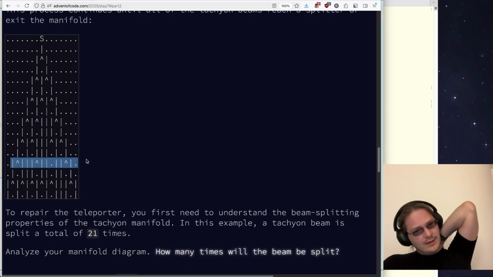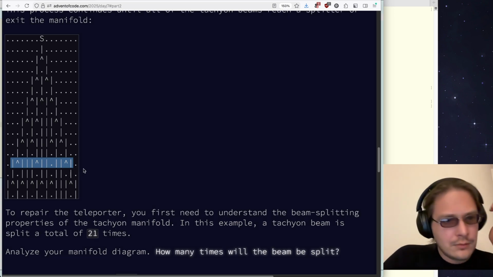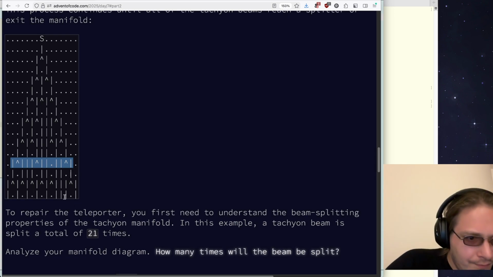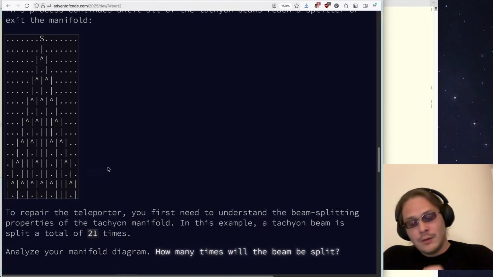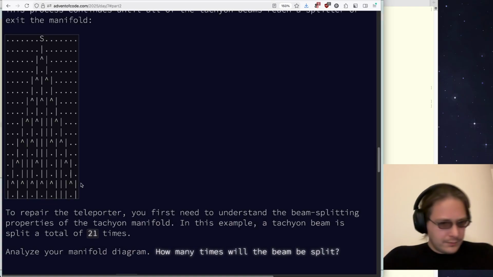Splitters at this level are like, hmm, yes, this splitter works as an additional binary digit, right? Oh, yeah, my mind is blown.